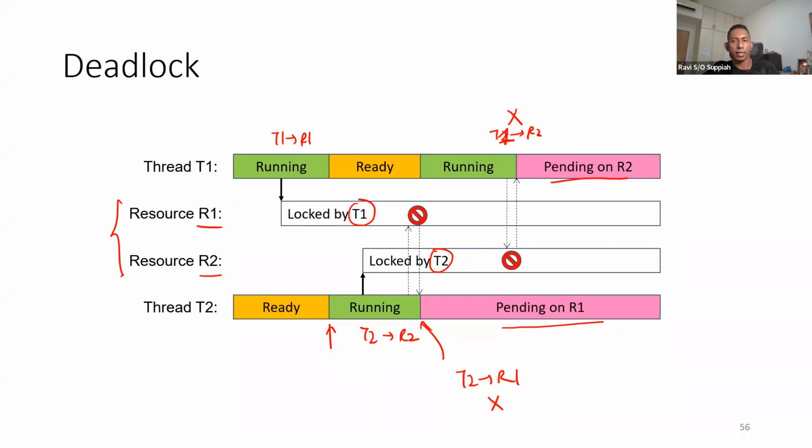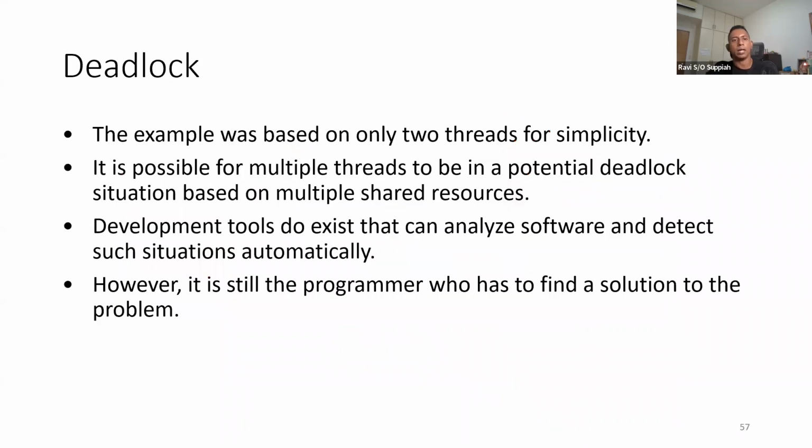Tasks are waiting for each other to release the resource, but nobody is able to run, so nobody is able to release the resource. So this is another potential issue in this kind of multi-threaded code.